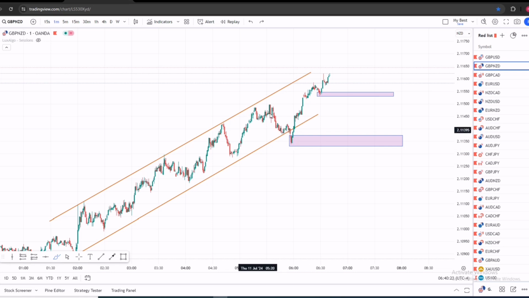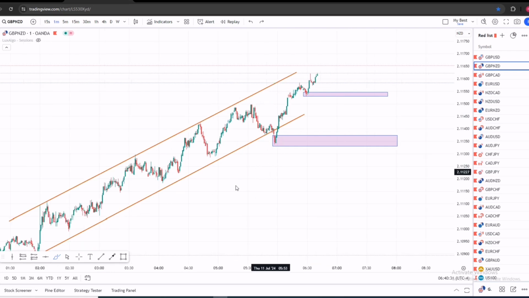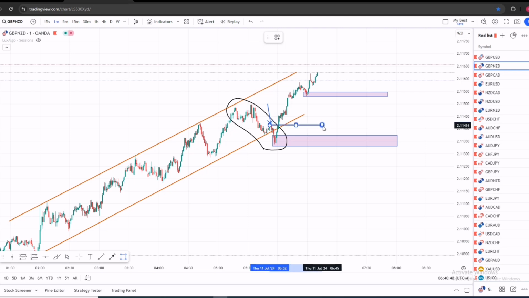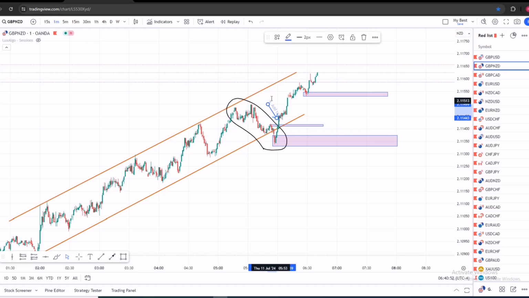Even within these small trends inside this big trend, you can trade the market and make a lot of money. For example, with this downtrend, that was the last key level, the last turning point, and when price closed above it, you would have placed your buy entry there.